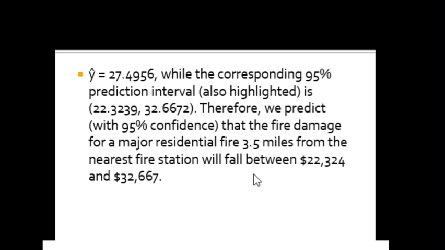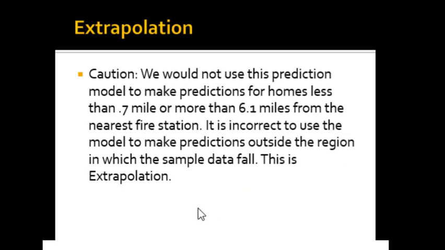So in words, we can predict with 95% confidence that the fire damage for a major residential fire 3.5 miles from the nearest station, this was in thousands of dollars, is 22,324 to 32,667.